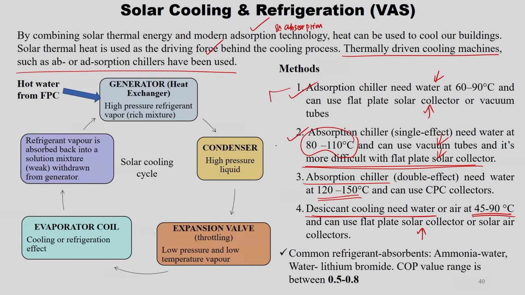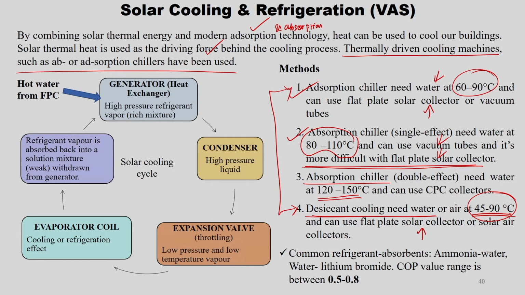So, adsorption chillers as well as desiccant cooling can comfortably use FPC because they require a temperature of 60 to 90 or 45 to 90. But when you are using an absorption chiller of single effect or double effect, based on the temperature requirement, you can choose either ETC or FPC with phase change fluids.